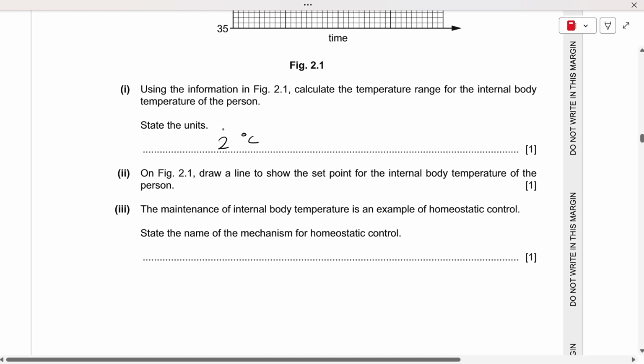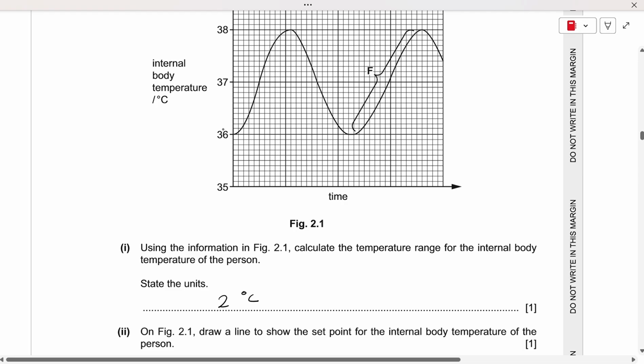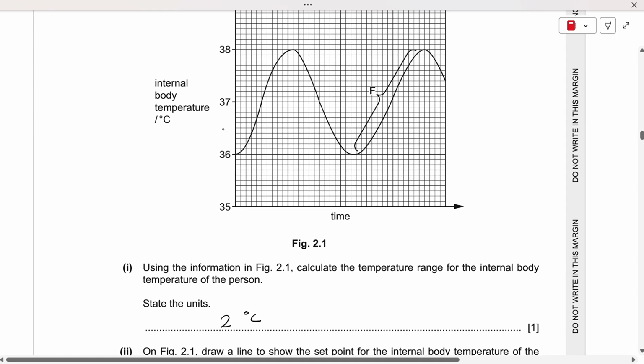And then on figure 2.1, draw a line to show the set point for internal body temperature of the person. So the set point for internal body temperature of a person is usually 37. You can see the temperature is constant on 37.